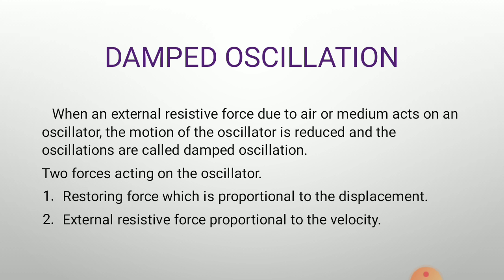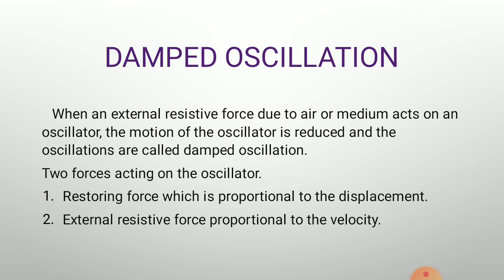So, when an external resistive force due to air or medium acts on an oscillator, the motion of the oscillator is reduced and the oscillations are called damped oscillation. The external resistive force, also called damping force, is proportional to the velocity of an oscillator.